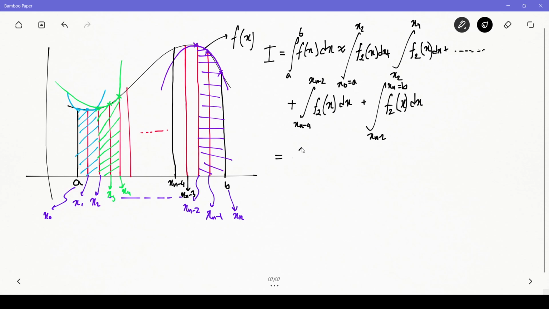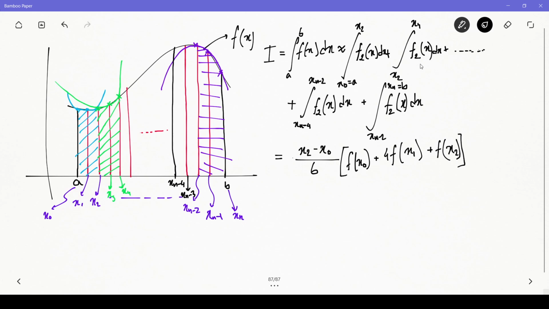So our upper limit is x2, so x2 minus x naught, divided by 6, times f of x naught plus 4 times f of the midpoint. What's our midpoint? It's x1, because we are selecting equidistant points, so the midpoint between x naught and x2 is for sure x1. So f of x1, plus the last point, which is x2, so the corresponding functional value is f of x2, right?